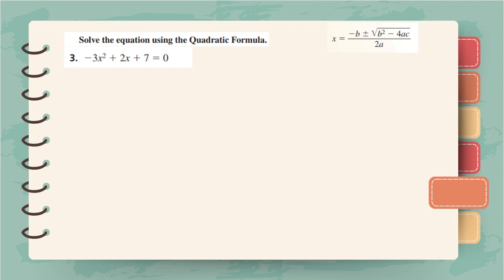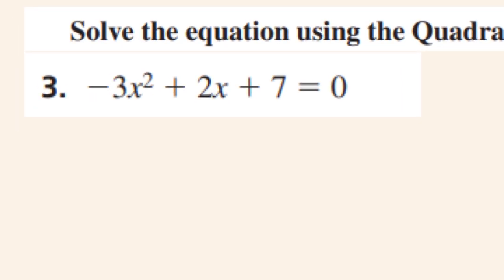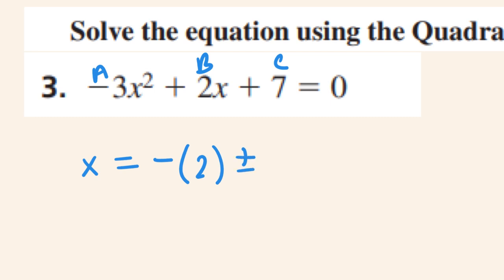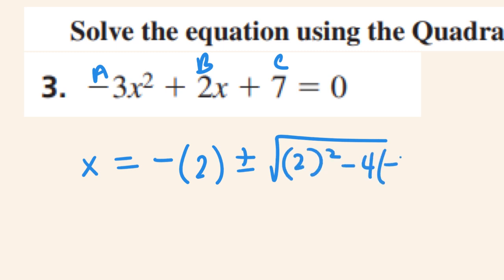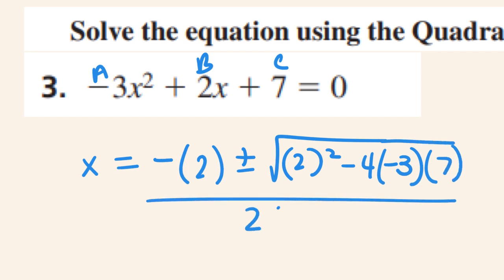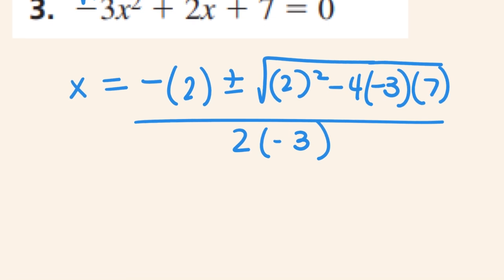Okay, number 3 again. Let's determine everything. A is negative 3, B is 2, and C is 7. Plug in our formula. X equals negative B, which is negative 2, plus or minus the square root of 2 squared minus 4 times negative 3 times 7, over 2 times negative 3.